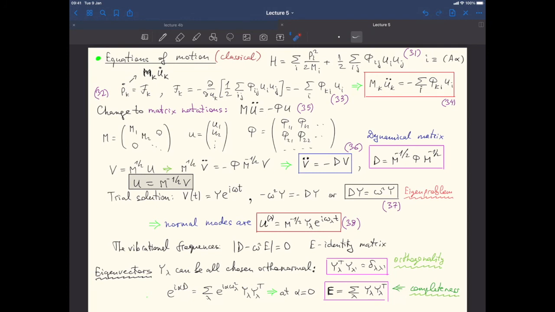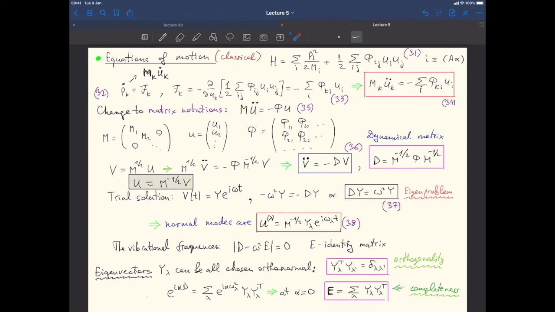So this will be a specific atomic displacement. All atoms will oscillate because of this exponential factor with a frequency omega lambda, and with the amplitudes related to this product of m to the minus 1/2 and y lambda for this particular solution lambda of this eigenproblem.